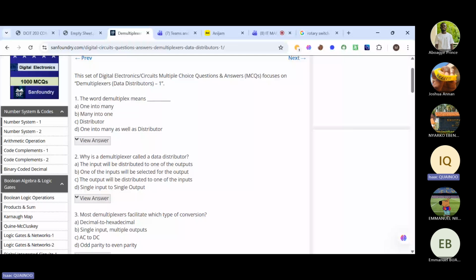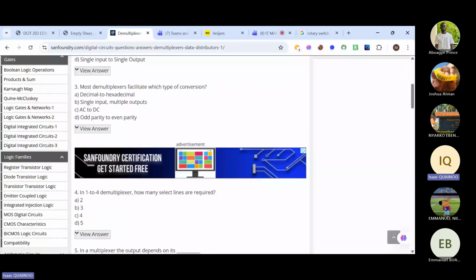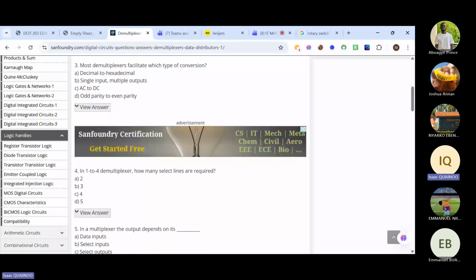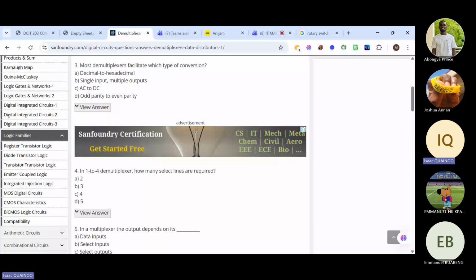Most demultiplexers facilitate which type of conversion? A, decimal to hexadecimal. B, single input, multiple outputs. C, AC to DC.